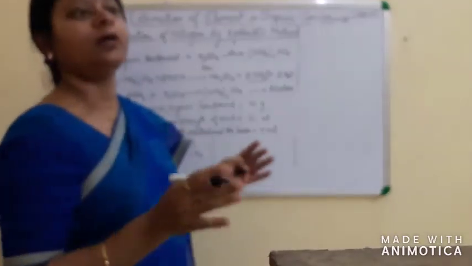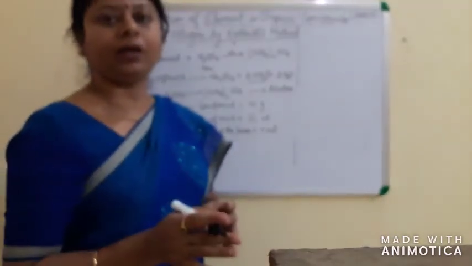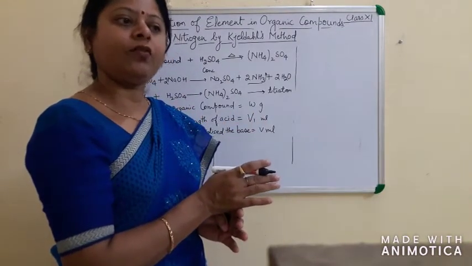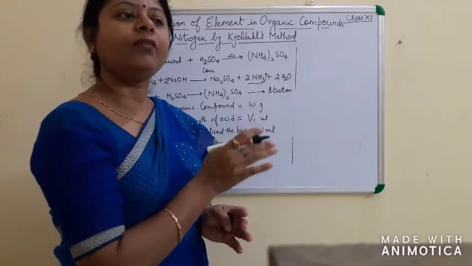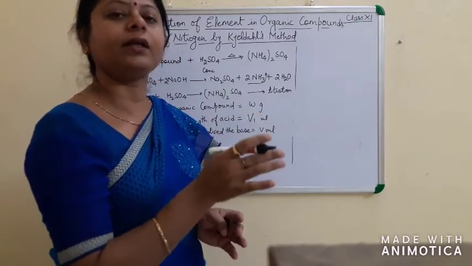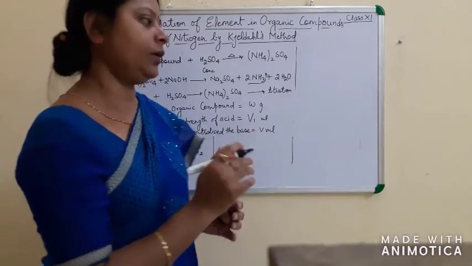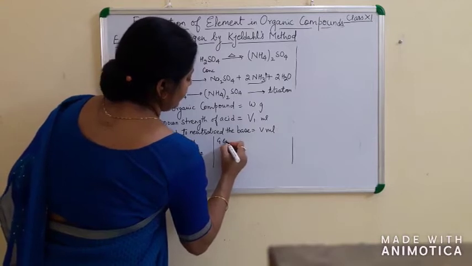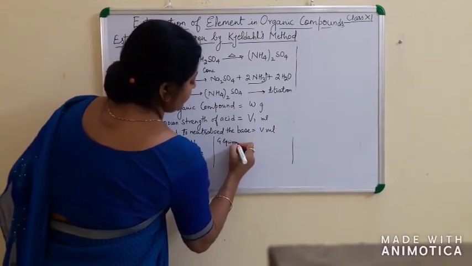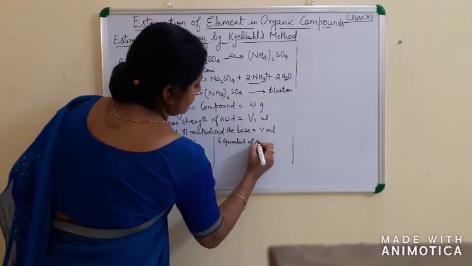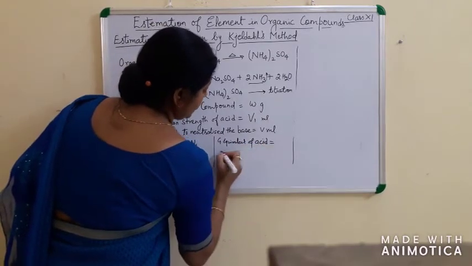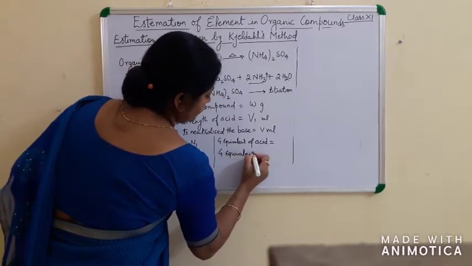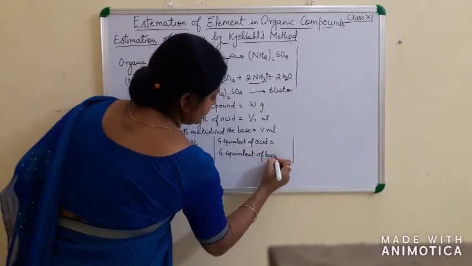We all know that during any chemical reaction, reactants react together in their gram equivalent weights, which means the gram equivalent of acid is equal to the gram equivalent of base.